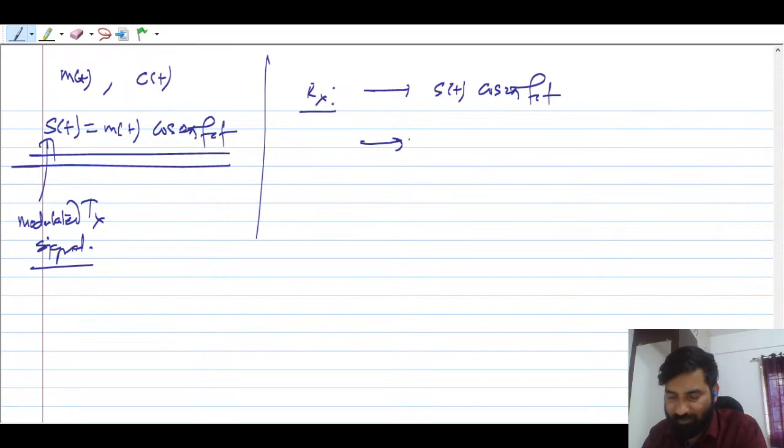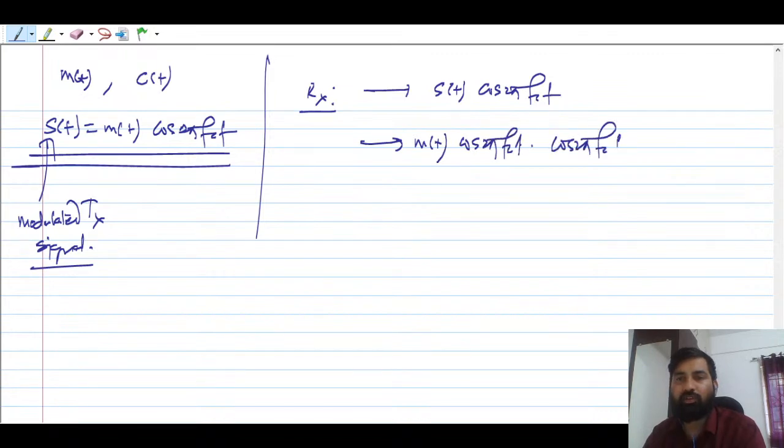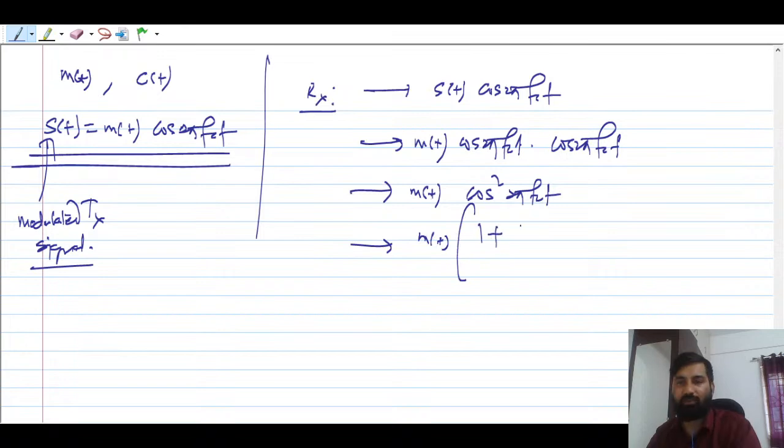If you multiply this, you get m(t) cosine 2 pi fc t times cosine 2 pi fc t. So this is m(t) times cosine square 2 pi fc t. Anybody can write this as m(t) times (1 plus cosine 4 pi fc t) by 2.